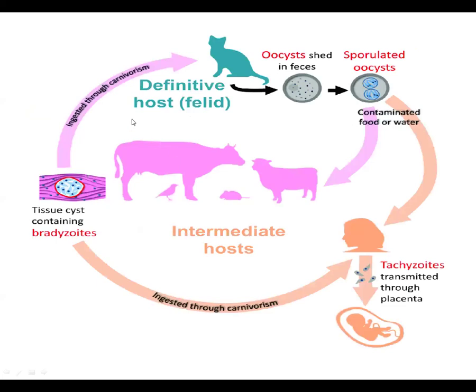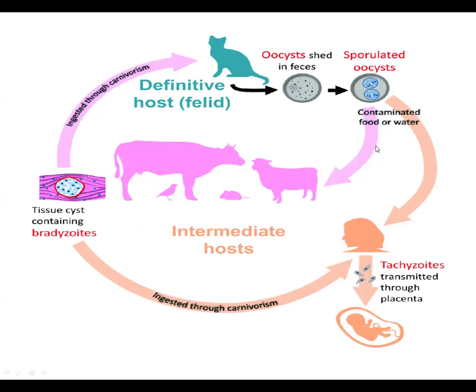So here you can see this is the definitive host. The definitive host is the one in which sexual reproduction takes place, right? So suppose this cat is infected with Toxoplasma and it is carrying these parasites in the form of cysts. They are shed into the feces as sporulated oocysts.